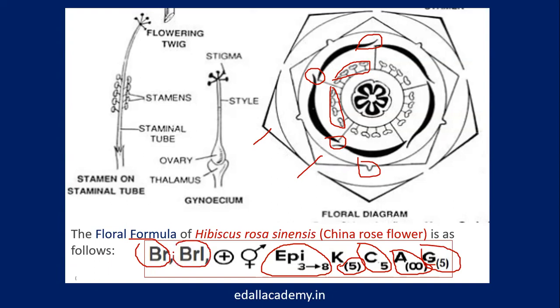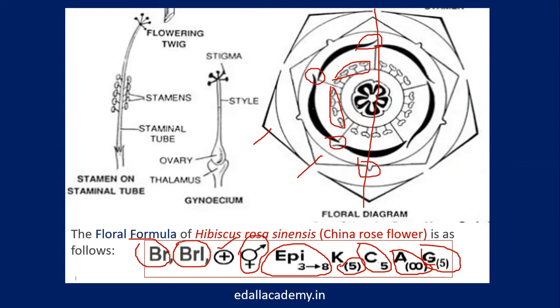Flowers with bracteoles are called bracteolate. Actinomorphic, flower can be cut into 2 equal halves at any vertical plane. So it is called actinomorphic. Bisexual, both androecium and gynoecium are present in the same flower. It is called bisexual.